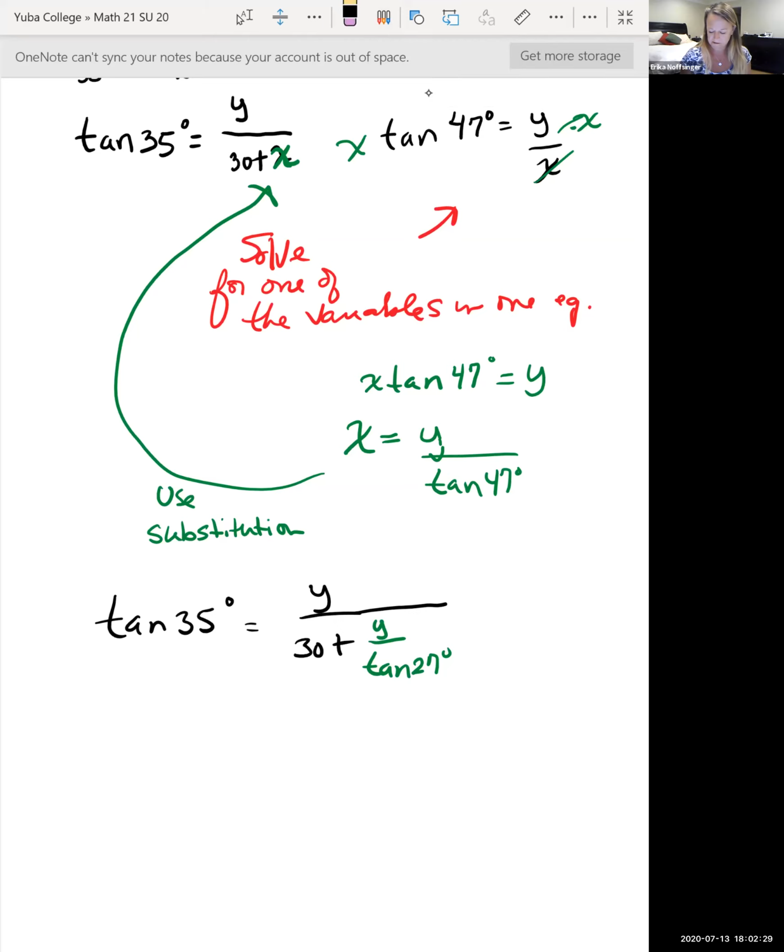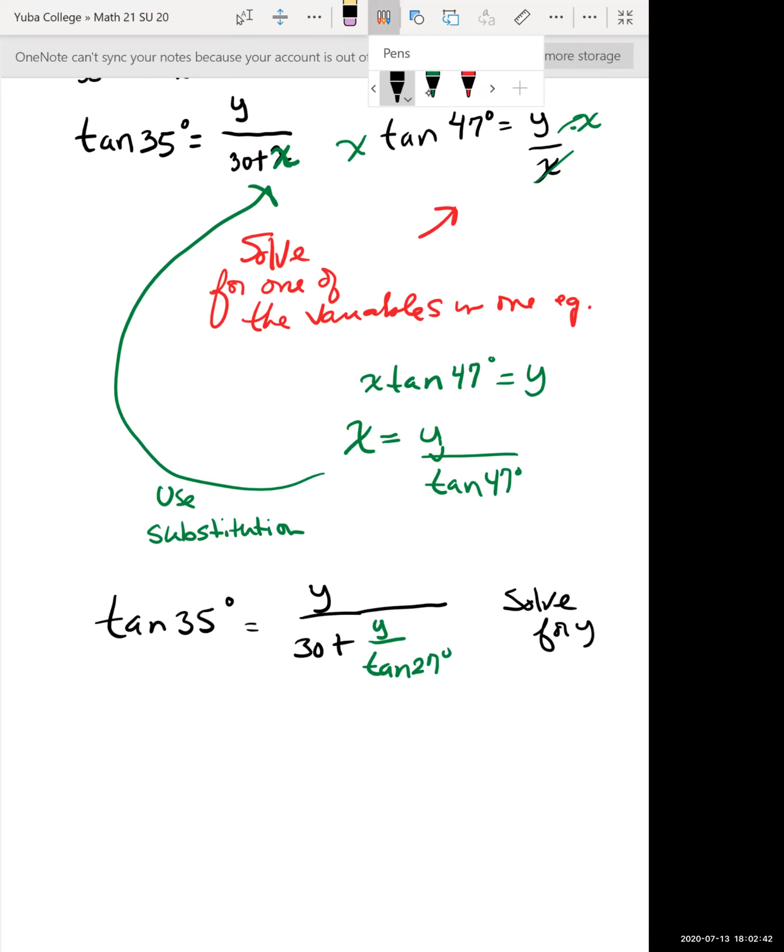And I want to solve for Y. We can clear our fraction. Where did the 27 come from? I have no clue. It should be 47. There we go. Thank you.